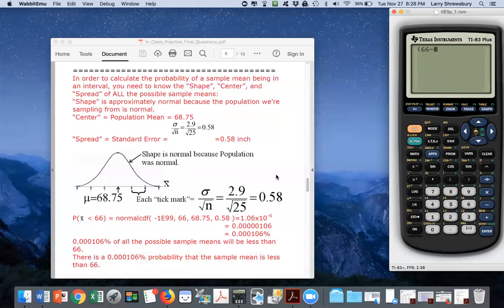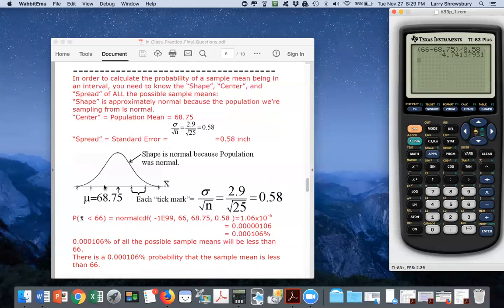Well, the center is 68.75. It's a subtraction. And then we'll divide that by the spread. In other words, how many times does the 0.58 fit into that deviation? So that means this 66 is 4.74 standard errors below the mean.